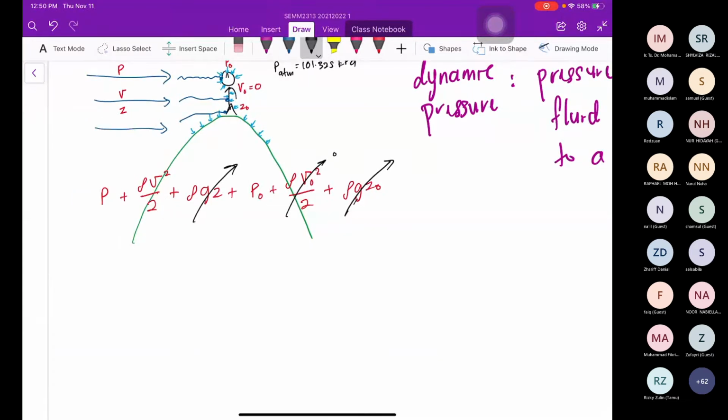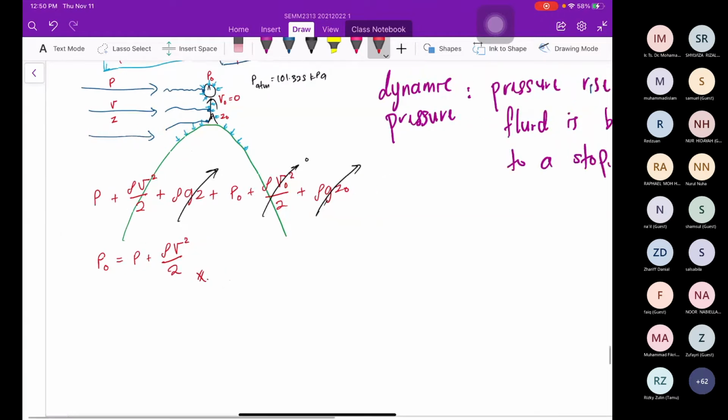We can rearrange this in order to get the pressure. P naught is the maximum, right? So P naught equals P plus rho V squared over 2. This is how to get the pressure at the stagnation point.